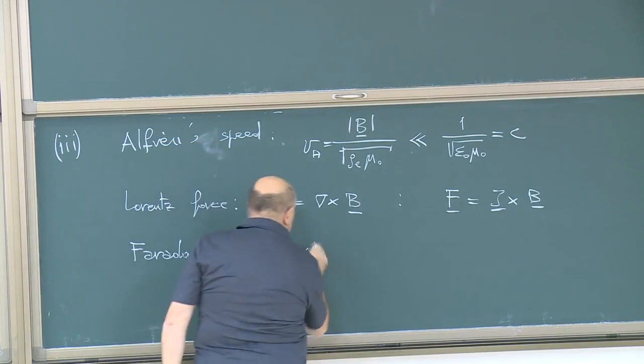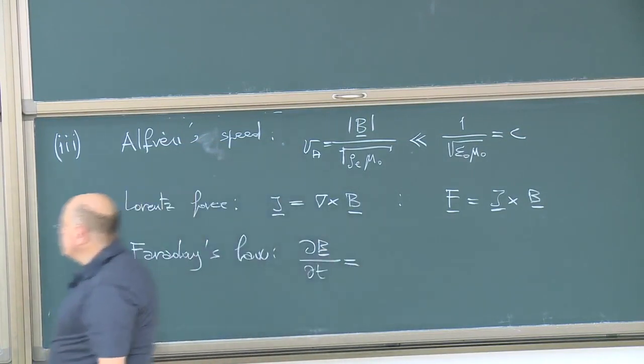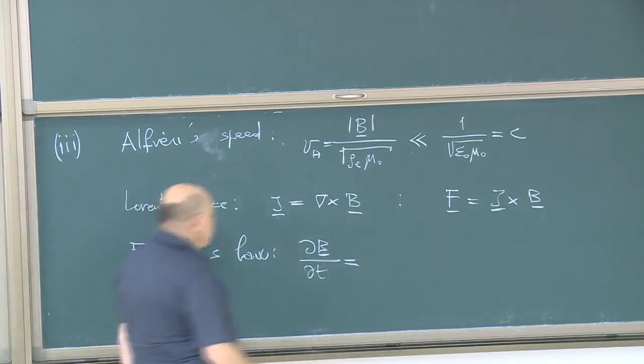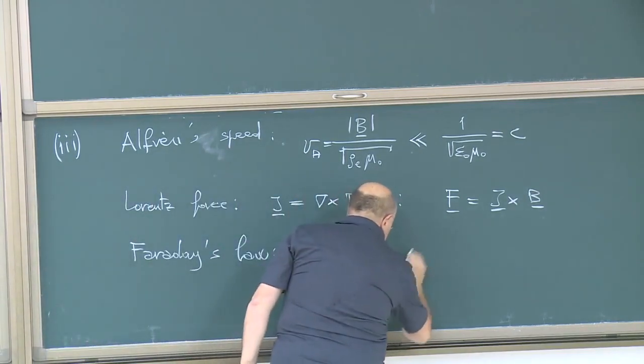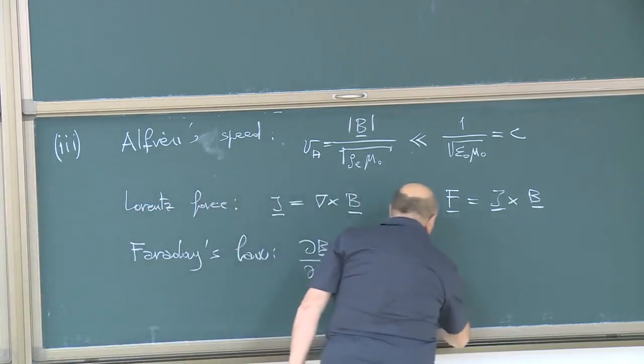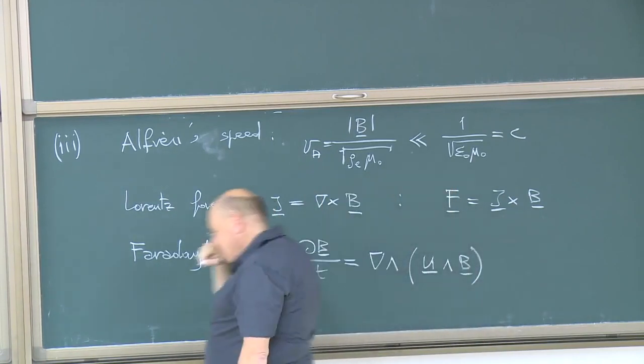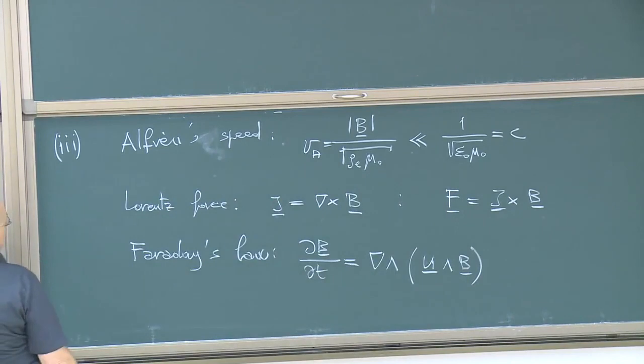And Faraday's law says dB/dt equals, we substitute, we have the curl, first of all, and then the curl works on that term, minus U cross B. And this is the law I referred to yesterday when we were talking about vortex motion.